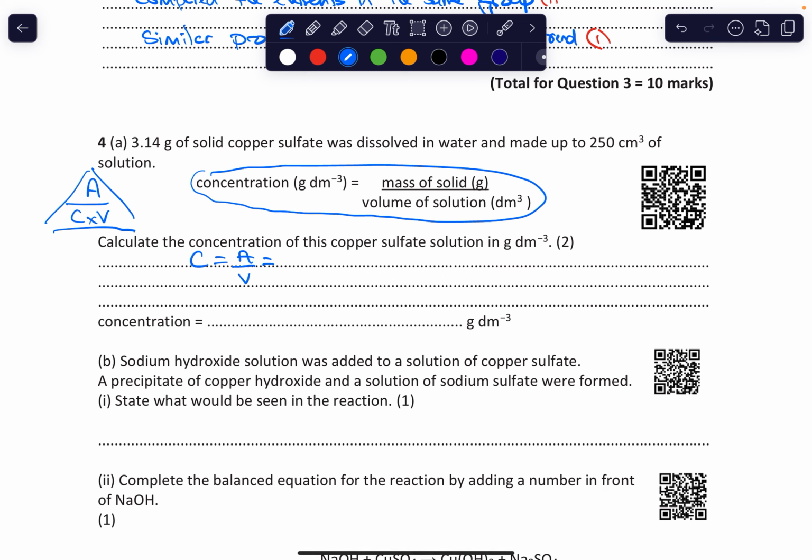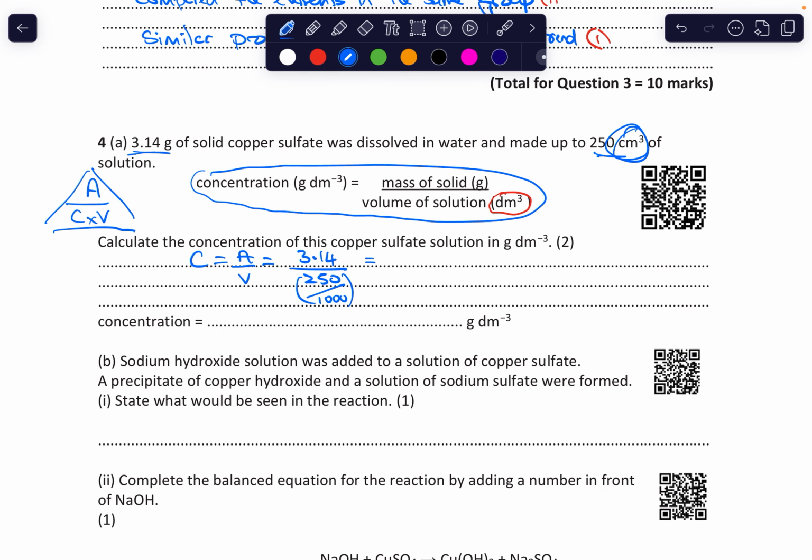So in this question, we have got 3.14 grams, and they have got that in 250 centimeters cubed. Watch out for this, because that's centimeters cubed, and if you see here, it must be in decimeters cubed. So the way I convert that is I divide that volume by 1,000.